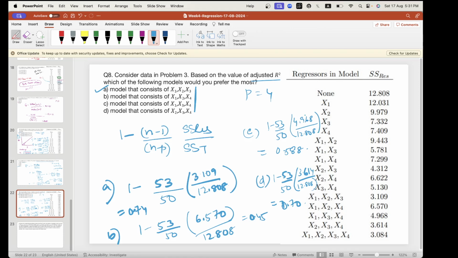The safest way is to calculate and get the results, but during exams, if you see that P remains same across all options, then you can directly take a call based on sum of squares due to residuals. But very, very importantly, if P changes, do not take that risk. Calculate every adjusted R square possible, and then finally base your answer on that.